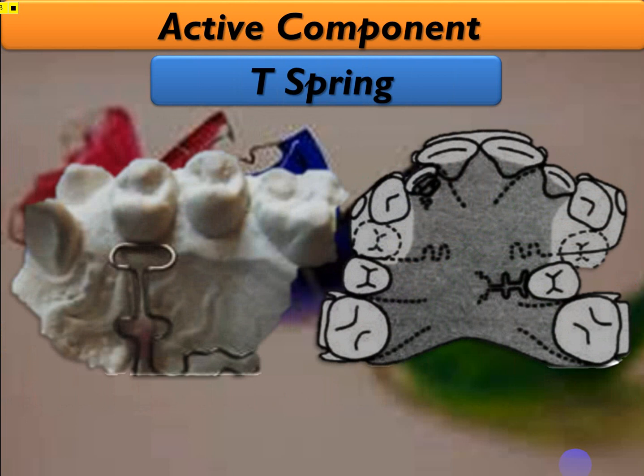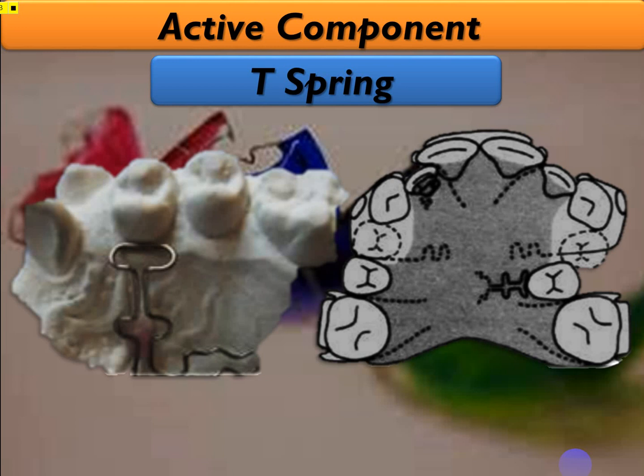Now, the other component is the T spring. The T spring will look like a T letter, and it will be located buccally or palatally, like the recurved spring. It is made from a gauge of wire of 0.5 or 0.6 millimeter hard stainless steel wire.